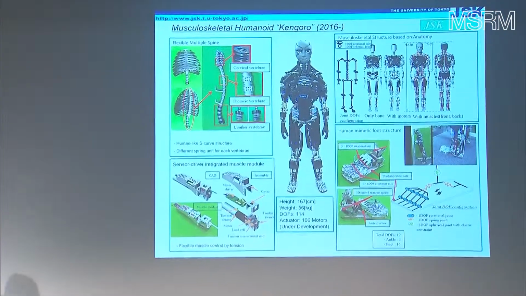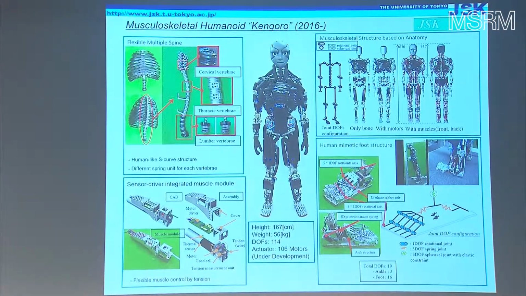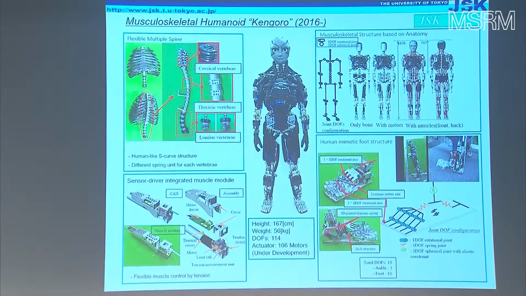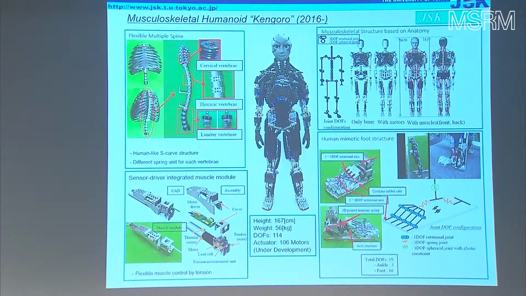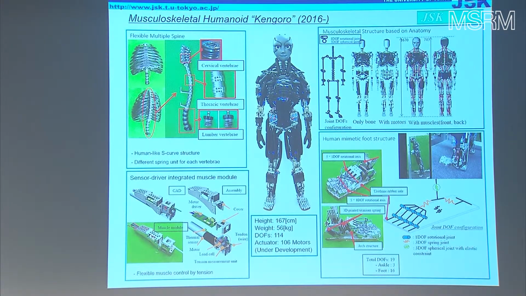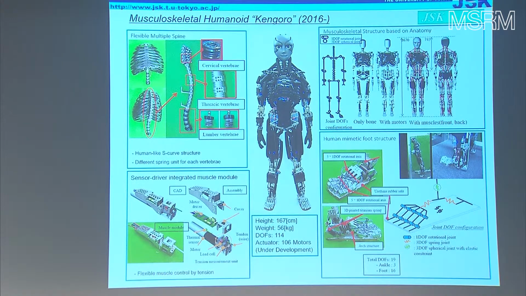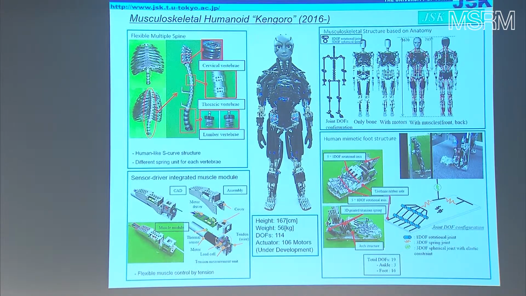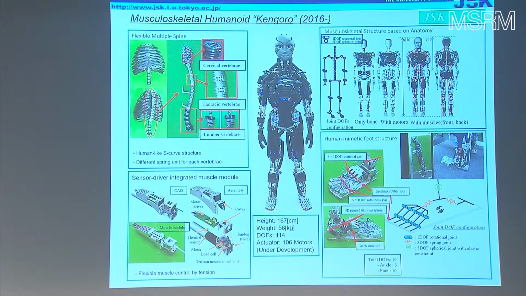One is the musculoskeletal. This is the current version, the seventh version. We started from the middle of the 1990s. The recent body needs strength, so we had to use metal or fiber enhanced material to make the body, and many sensors.